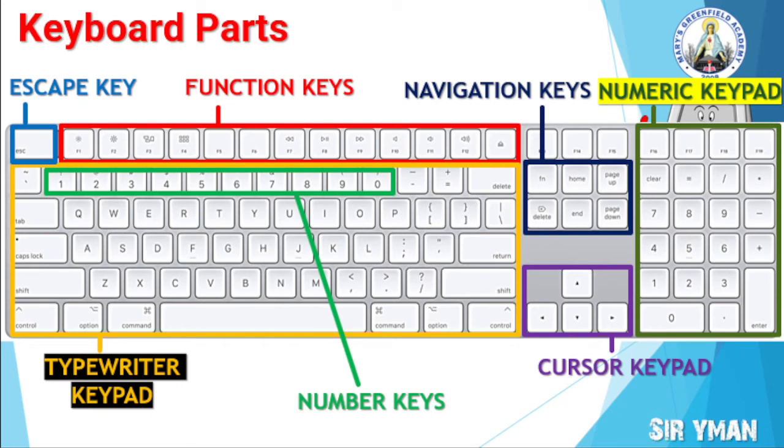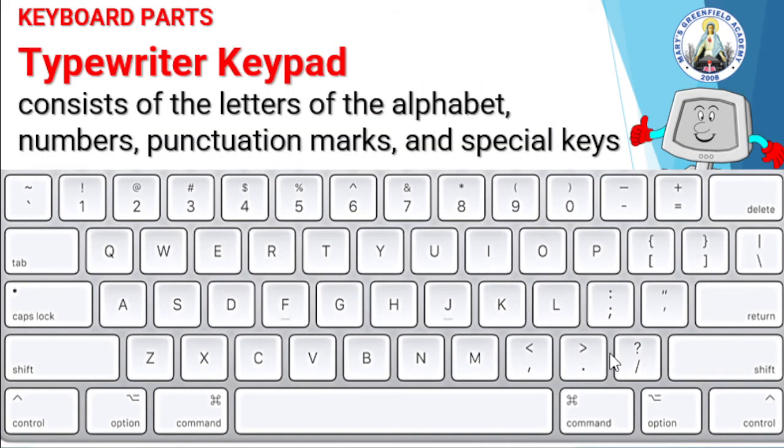Okay, so let's take a closer look sa bawat parts, starting with the typewriter keypad. Okay, so typewriter keypad consists of the letters of the alphabet, numbers, punctuation marks, and special keys. So look closer na, makikita niyo yung mga numbers sa bandang itaas, kasama na rin yung mga punctuations.